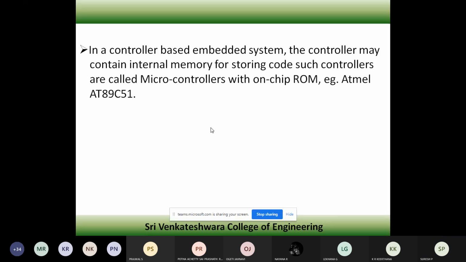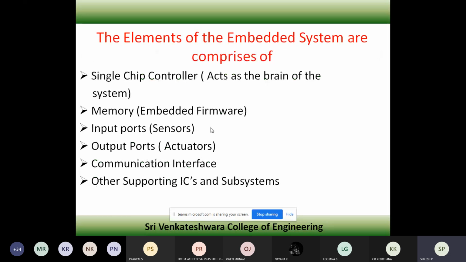Next we'll go with the elements of the embedded system. In the next class we are going to discuss the elements of the embedded system, which we have seen in the figure. There is the single chip controller, which acts as the brain of the system. Next is memory, that is your embedded firmware, which holds both software and hardware. We have input ports which act as the sensors, output ports which act as the actuators, and the communication interface.